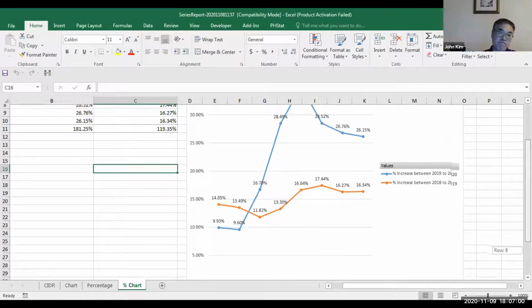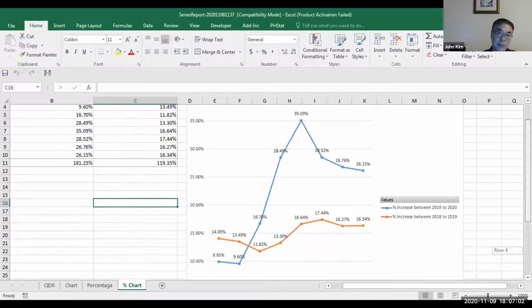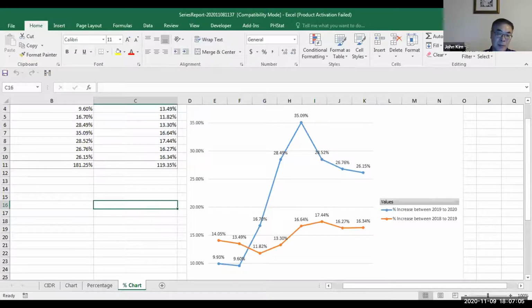From this data, we can see that because of the pandemic, people prefer not to go to the market or buy something in person, so they are using more online.